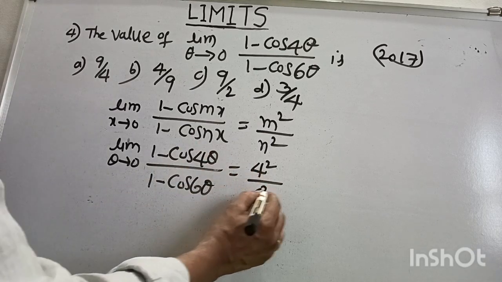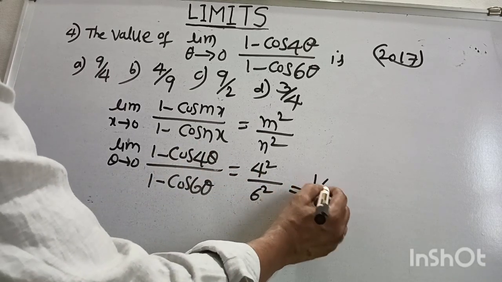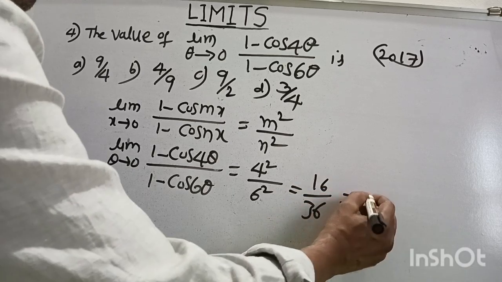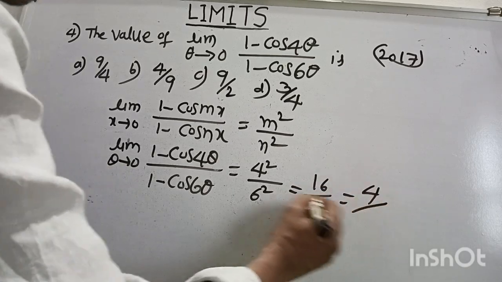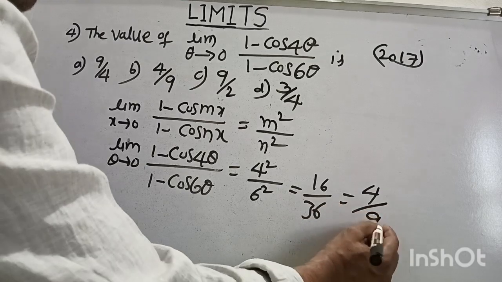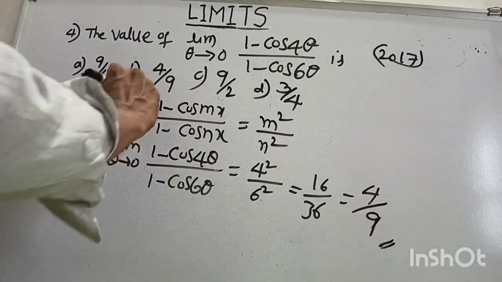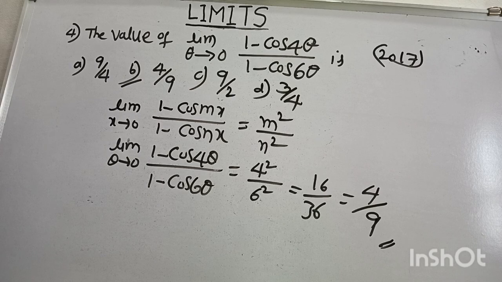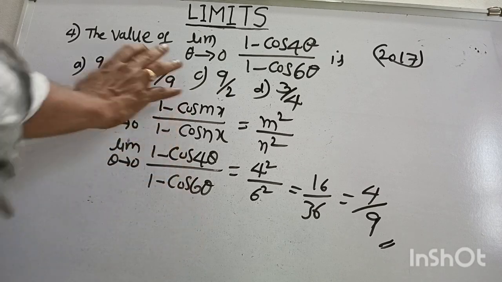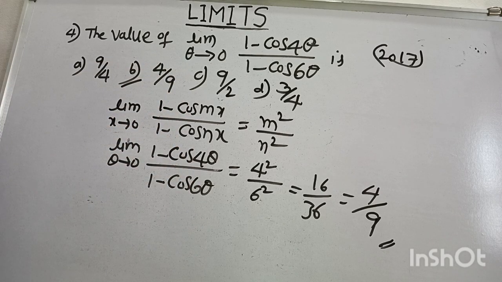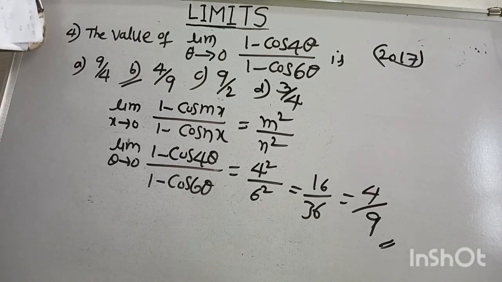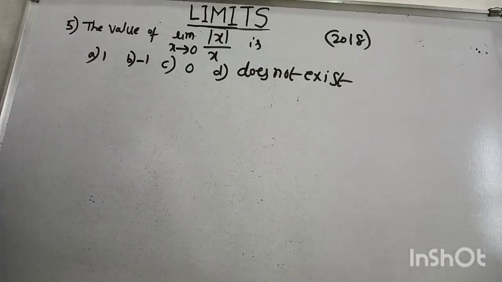So this is 16 by 36. Cancelling, the answer is 4 by 9. So we can use this shortcut trick directly to solve this type of problem. Option B is correct. Next problem.